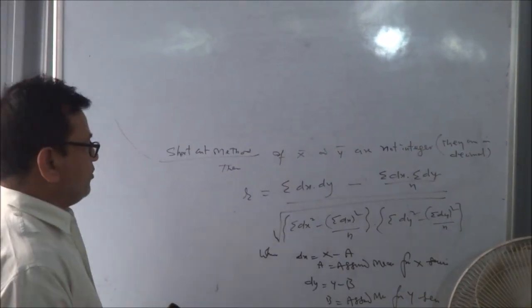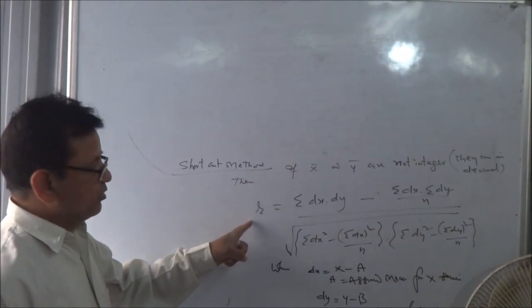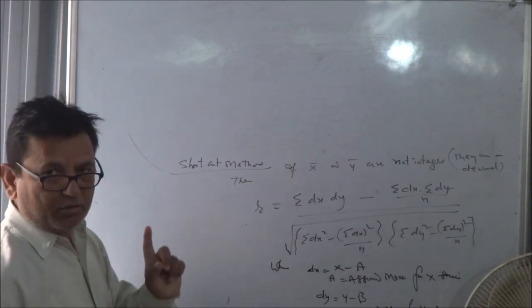So from this formula you can calculate Karl Pearson coefficient if x bar and y bar are not integers.